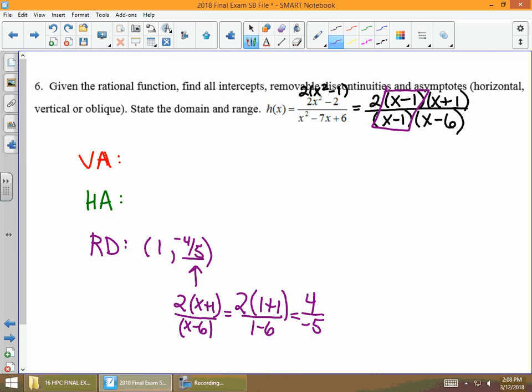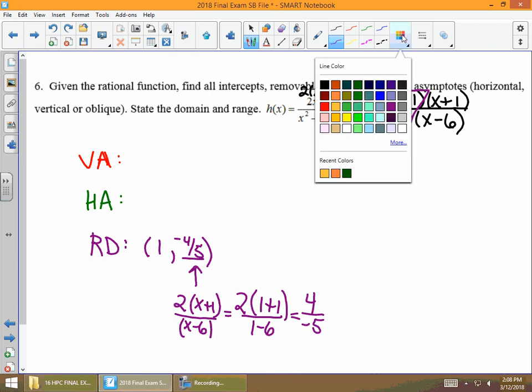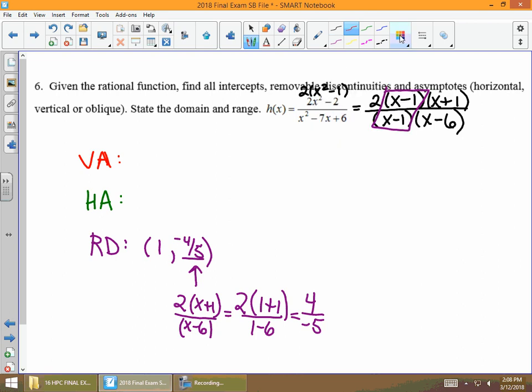But we're still going to exclude our removable discontinuity from our domain and our range. Okay, back to vertical asymptotes. So x minus 1 has already been used. We're not going to use that when we're looking for vertical asymptotes. Our vertical asymptote is going to be here, x minus 6 equals 0, so x equals 6.